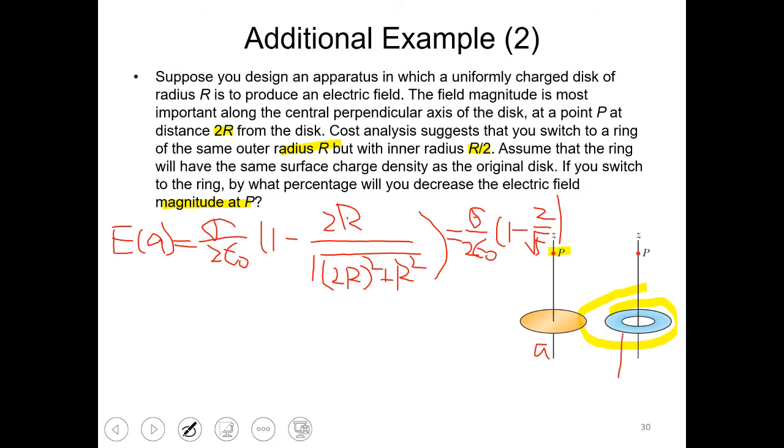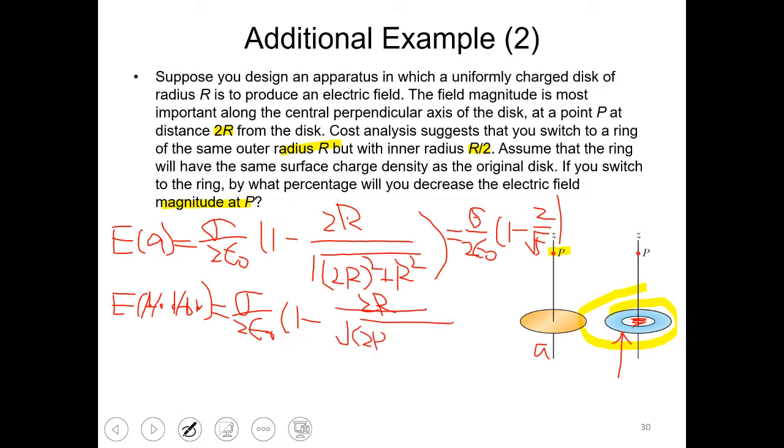So for the right hand side case, we have the same E field, but we need to subtract the E field generated by the middle part. So we can calculate the E hollow part, which will be sigma over 2 epsilon 0, times 1 minus 2R over the square root of 2R squared plus R over 2 squared.